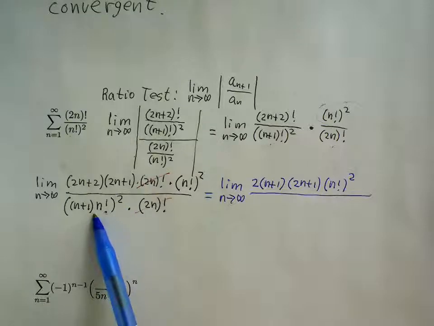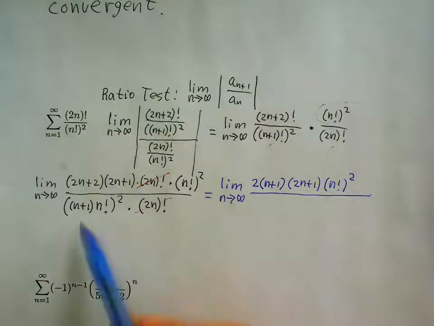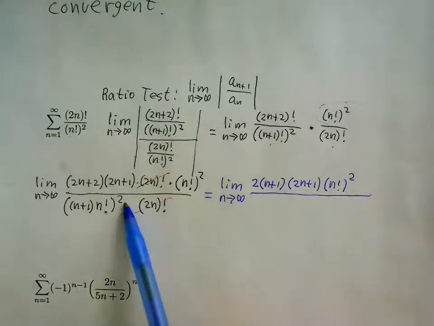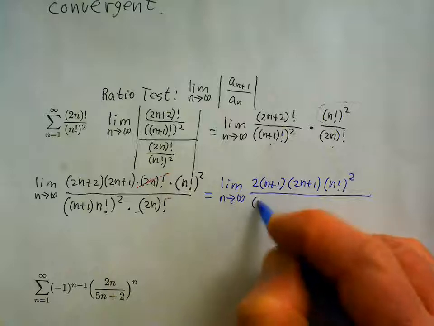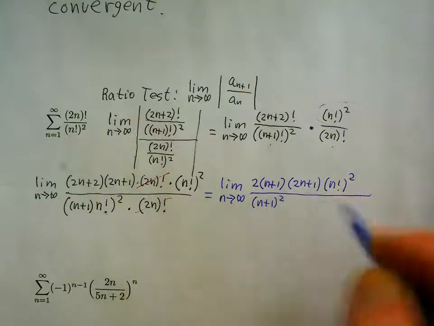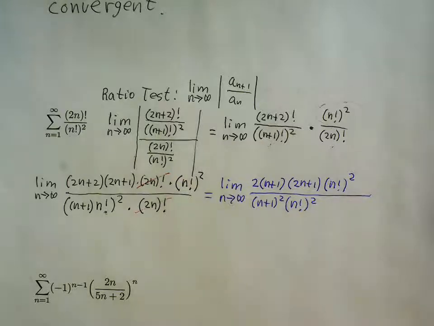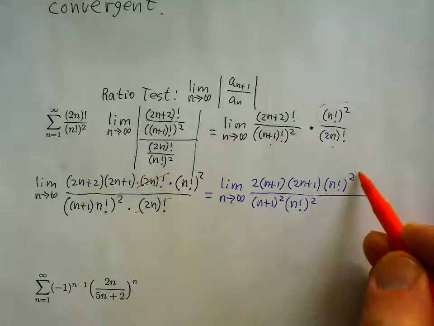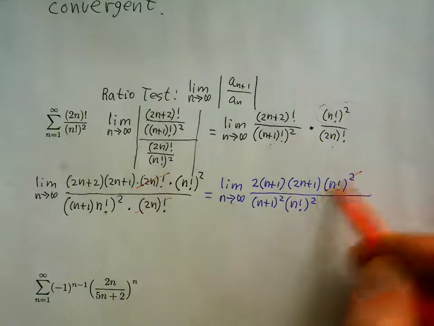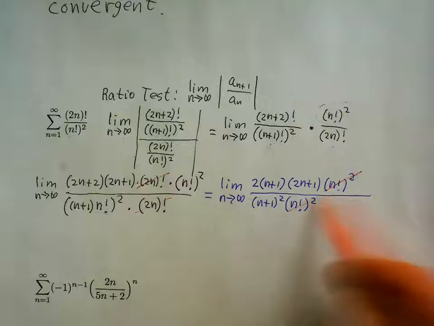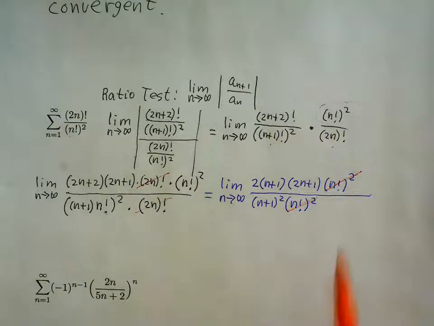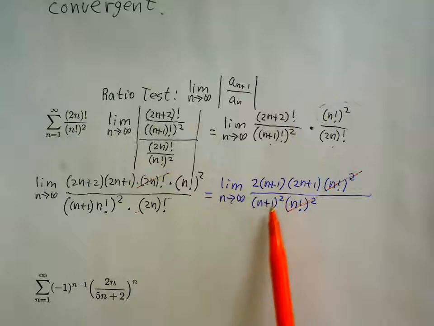Inside the parentheses, we have n plus 1 times n factorial, but that quantity is squared. So when we distribute the outer exponent, we have n plus 1 squared, and then n factorial squared. And we get a couple more cancellations from the numerator. N factorial squared cancels with n factorial squared in the denominator. And then one factor of n plus 1 is going to cancel from the numerator and denominator.